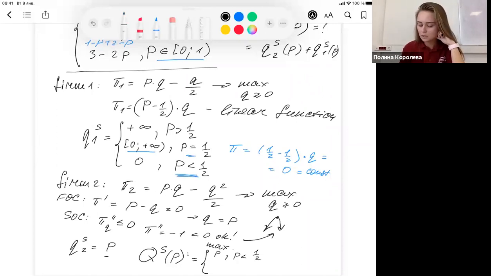Then if price is equal to 1/2, the second firm supplies 1/2, and the first firm supplies any number from 0 to plus infinity. So here we will have 1/2 plus from 0 to plus infinity, so it will be from 1/2 to plus infinity.